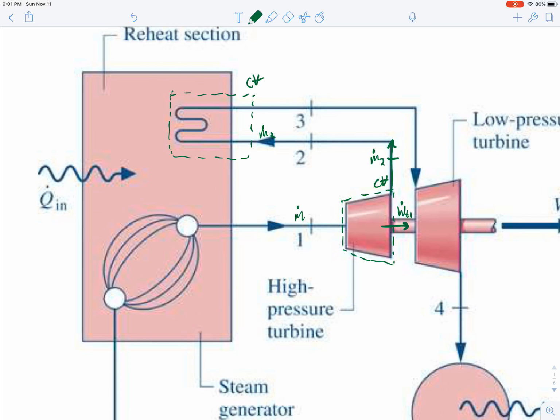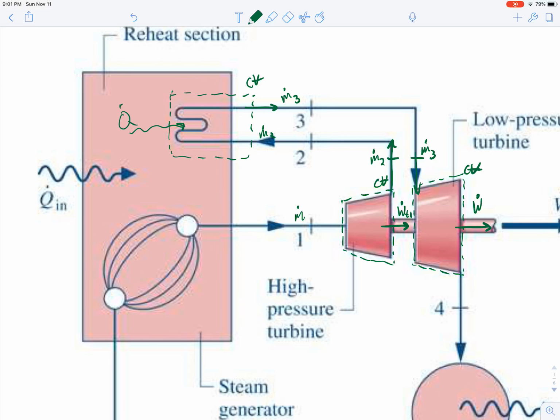We have heat transfer, rate of heat transfer in from our steam generator device, and then coming out we have the same mass flow rate at state 3, and then that becomes the inlet to what this is calling our lower pressure turbine. So I'll put a separate control volume around that.